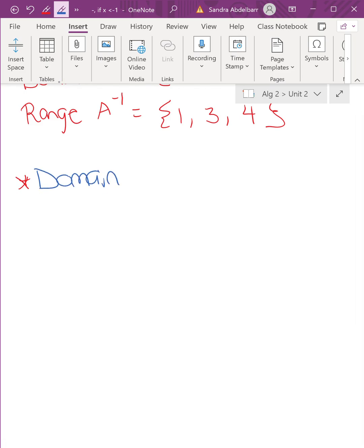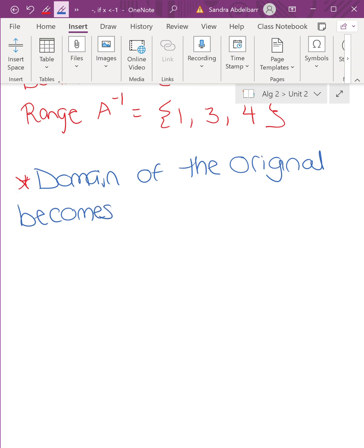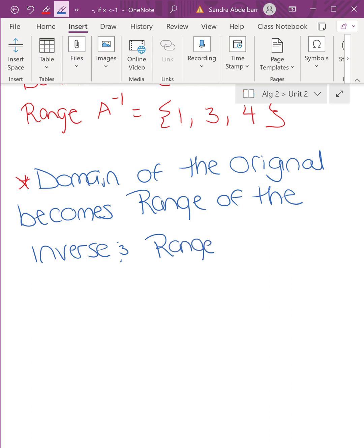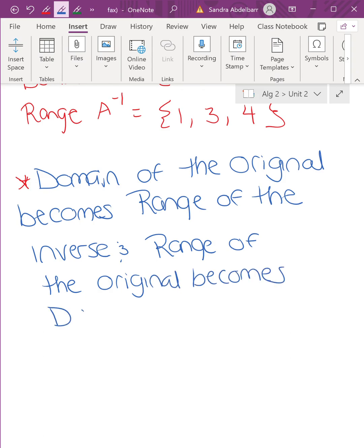Domain of the original becomes range of the inverse, and range of the original becomes domain of the inverse.